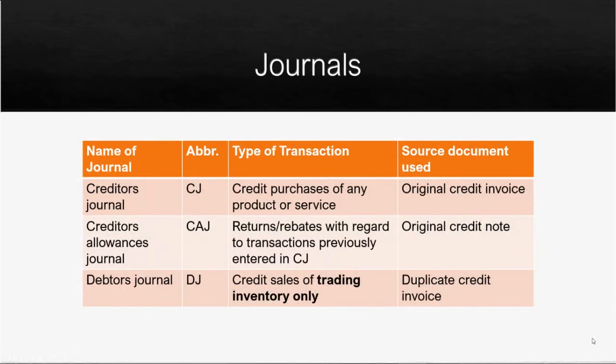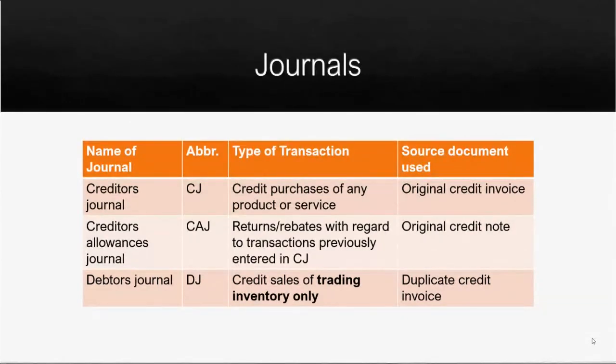Then you've got your creditors journal and your creditors allowance journal. Now your creditors journal shows all the purchases you've made on credit. That source document is your general credit invoice. Creditor allowance journals is where I've returned any things or I received a rebate, so a discount from my creditor, and I show that in the creditors allowance journal, and that's generally associated with the original credit note.